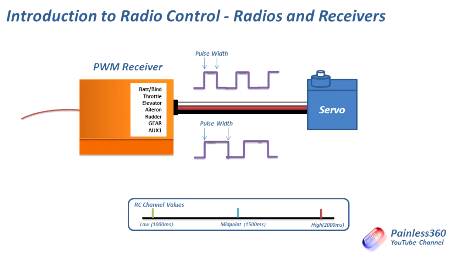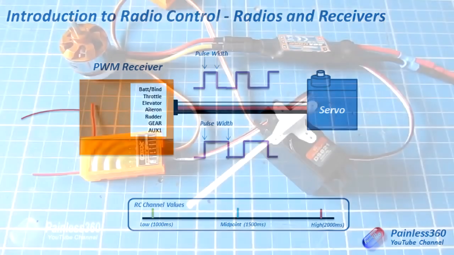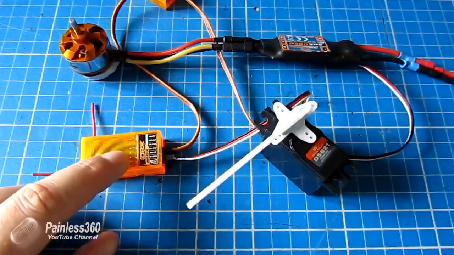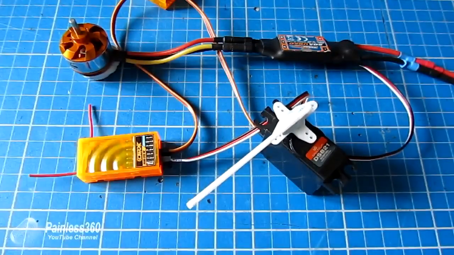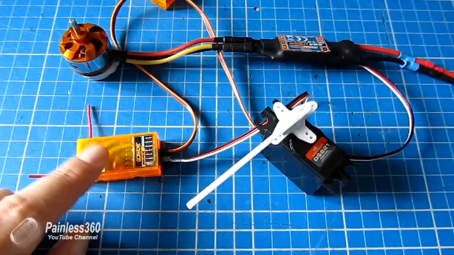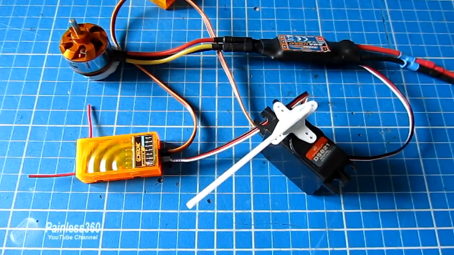So normally on most radios, 1000 is the low end, 2000 is the high end, and 1500 is in the middle. And if you connected an oscilloscope to one of these channels and you actually moved the control on the radio, you'd actually see that pulse width changing all the time.